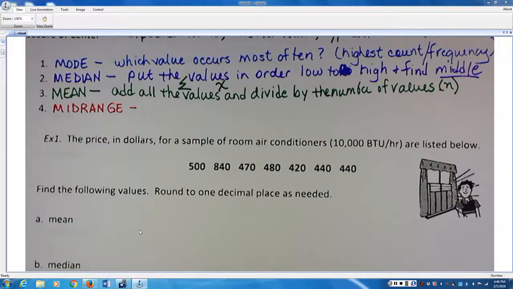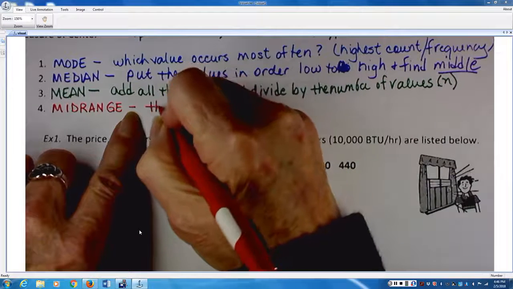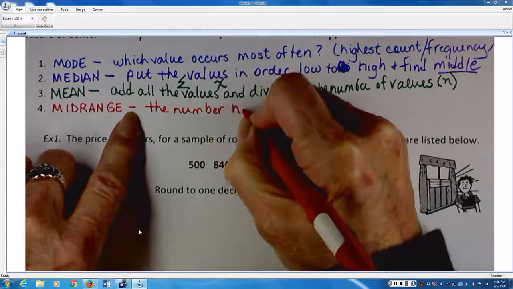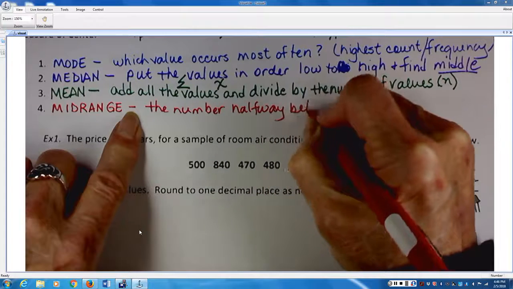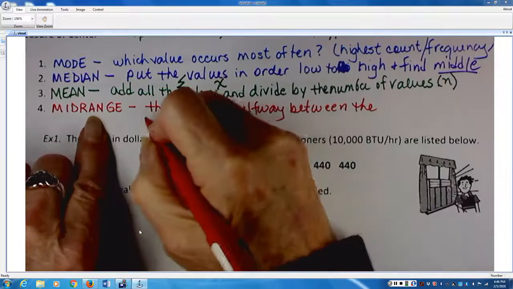Because the mid-range is the number halfway between the minimum and the maximum.